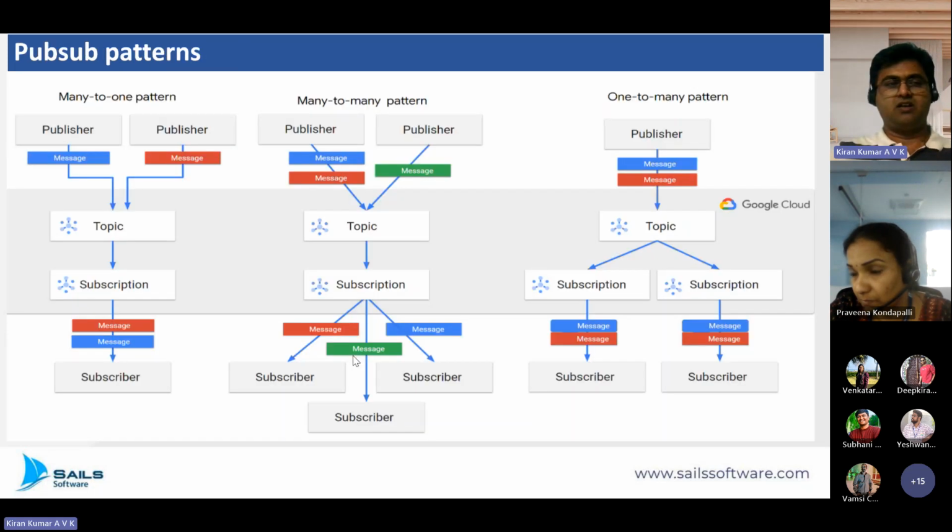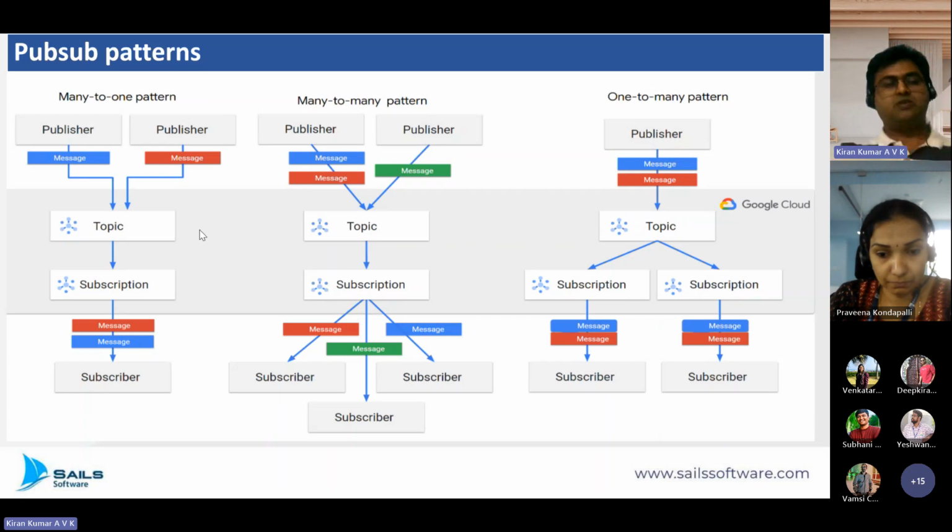These are the PubSub patterns that the PubSub service provides to us: many to one pattern, many to many pattern, and one to many pattern. Many to one is also called fan in, many to many is also called load balancer, and one to many is also called fan out.